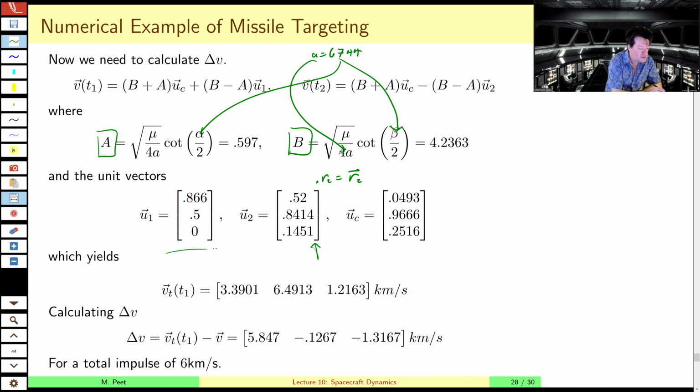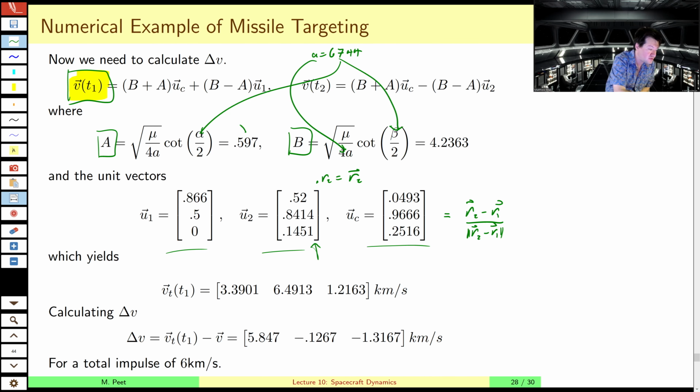So anyway, we've got U1, we've got U2, we've got UC, of course, right? Remember, that's R2 minus R1 divided by the norm of R2 minus R1. And we plug those numbers in, in particular the number for V1.